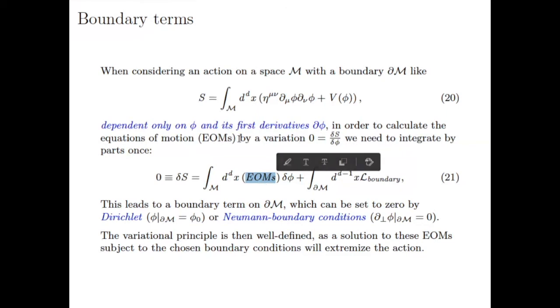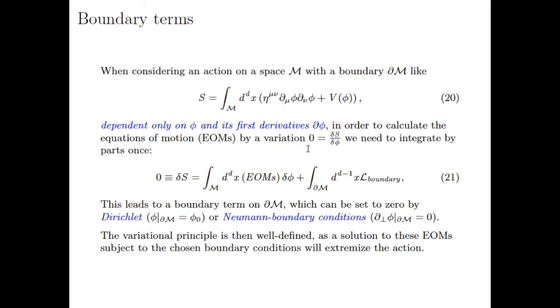The problem is, if you do this variation here, you're going to end up with something like delta of phi prime, the variation of the derivative. In order to bring it in this form, you have to integrate by parts. And on a space with a boundary, that's going to cause a boundary term on the boundary of the space.